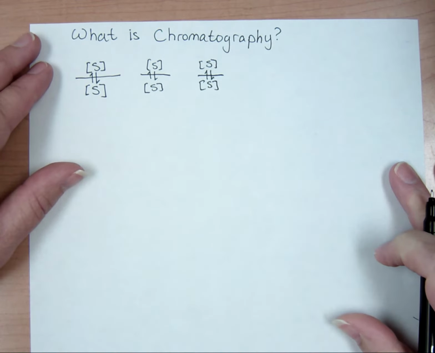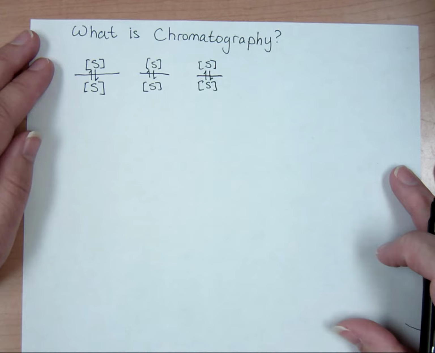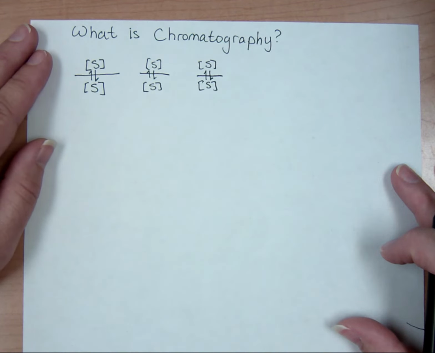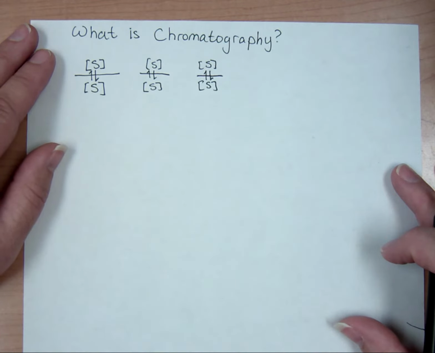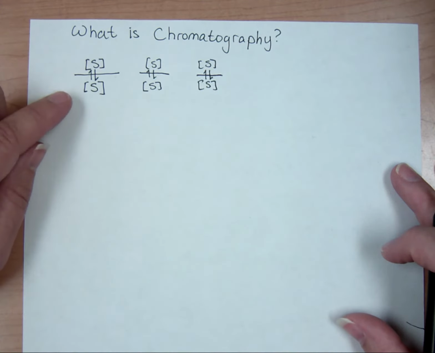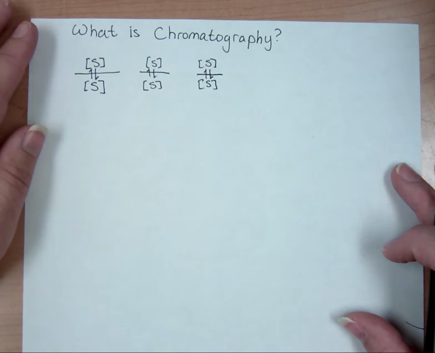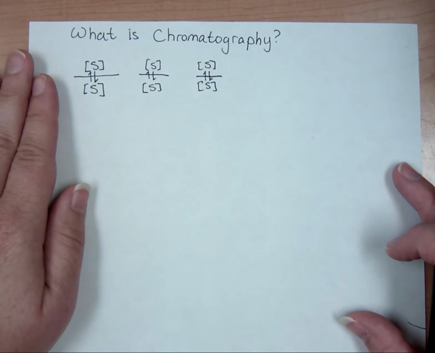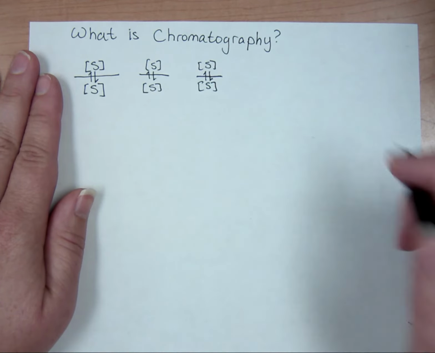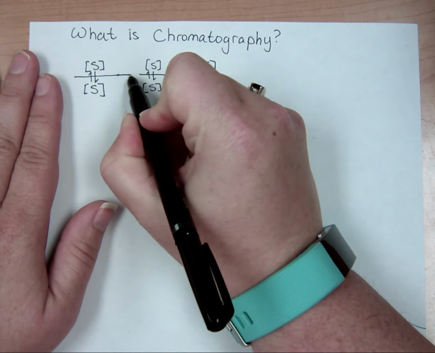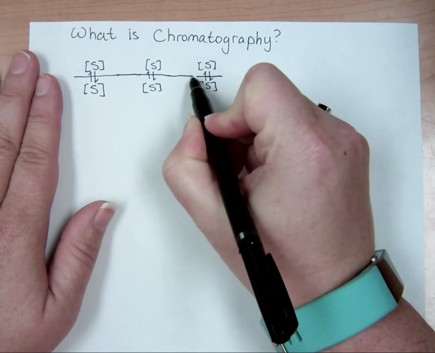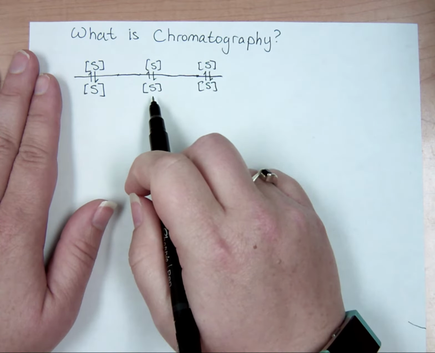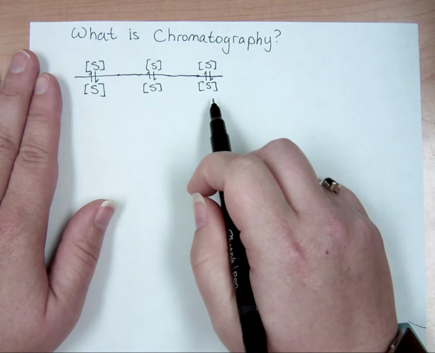So we're going to extend this idea into chromatography, where we want to be doing a series of small volume extractions, one right after another, between the two phases, phase 1 and phase 2. Now, in chromatography, we can think of doing this series of extractions in a series of space, where we do one, we might move down a little bit, do another extraction, move down a little bit, do another one.